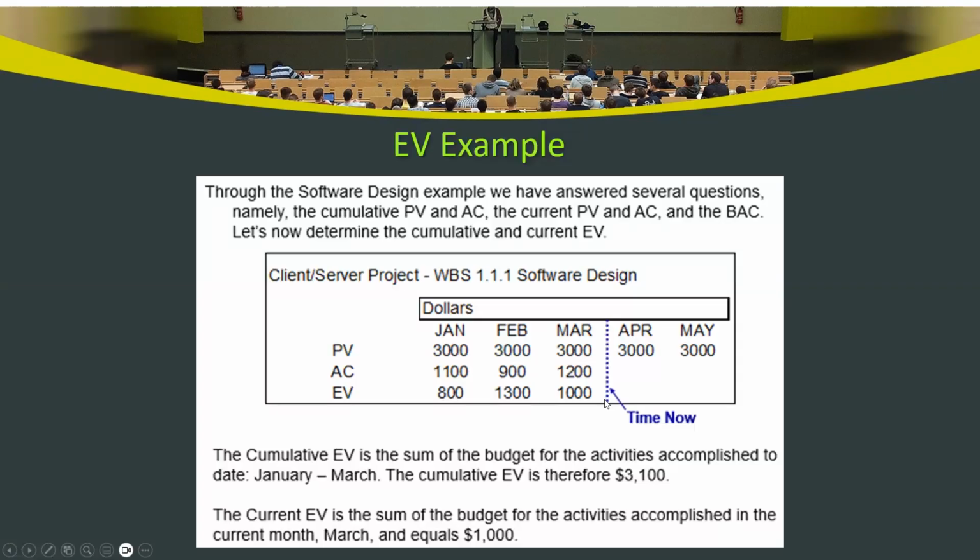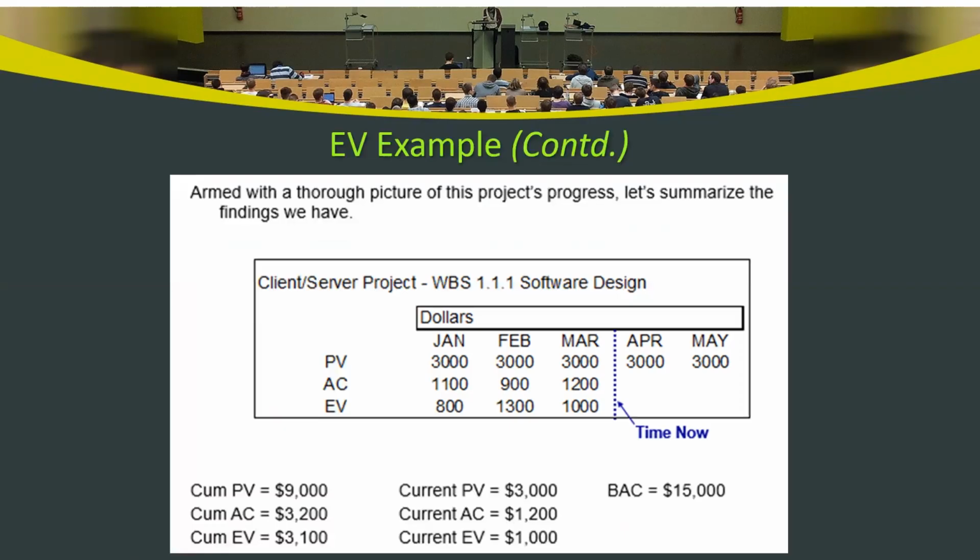You can see that for March, the current or periodic earned value is 1000. Cumulative is 800 plus 1300 plus 1000. That adds up to 3100, right?